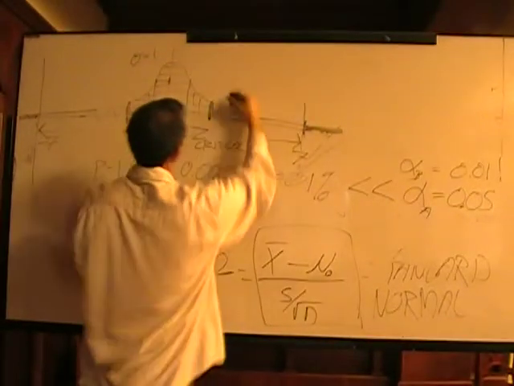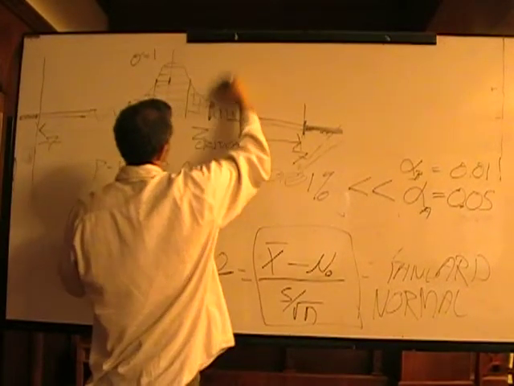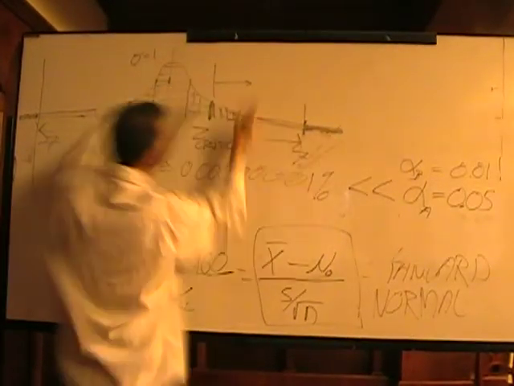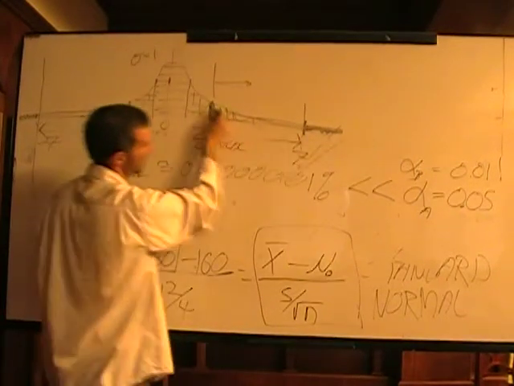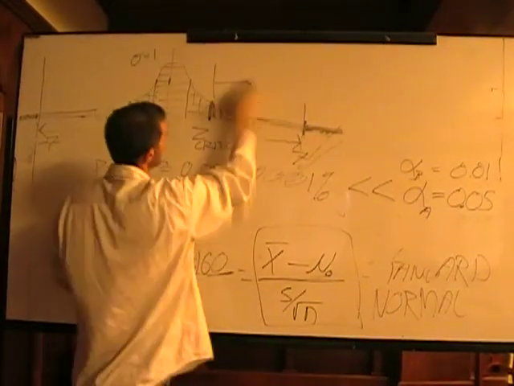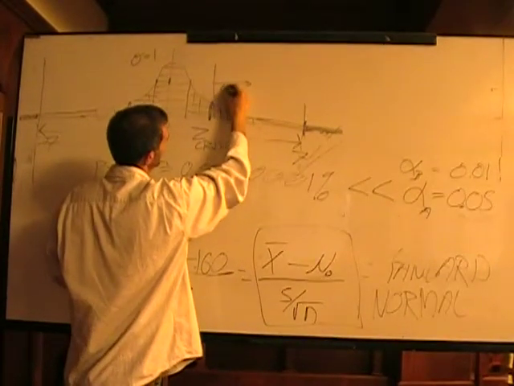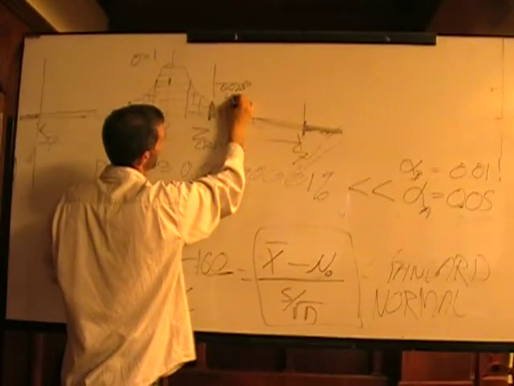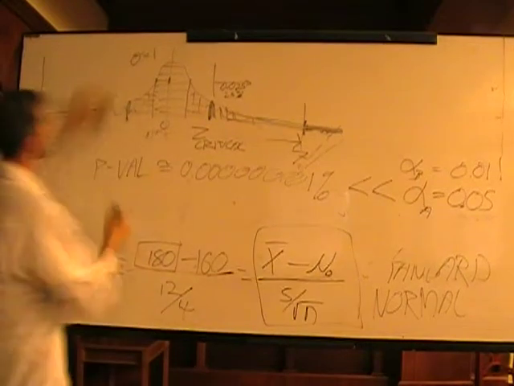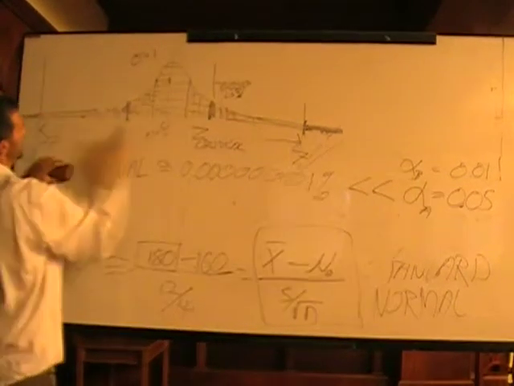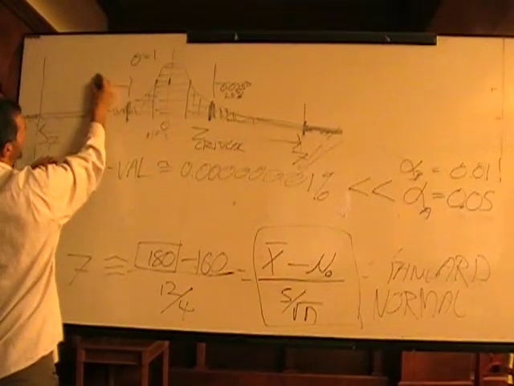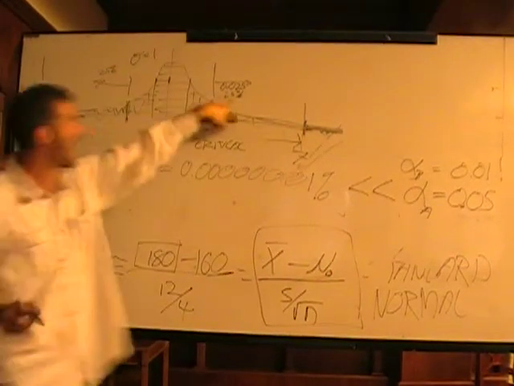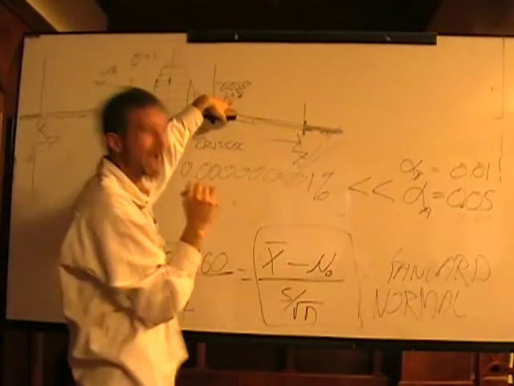From here, this area of the probability is 0.025 or 2.5%, and over here, from here on out, it's 2.5%, and this is half of alpha.